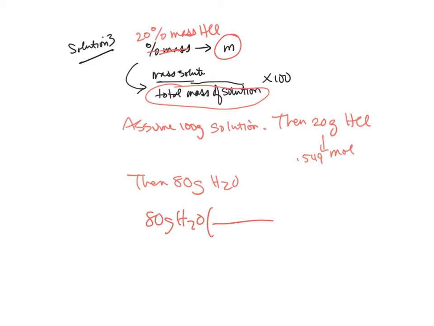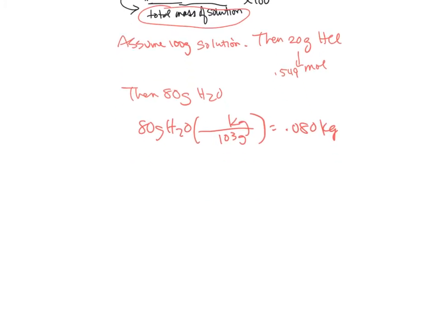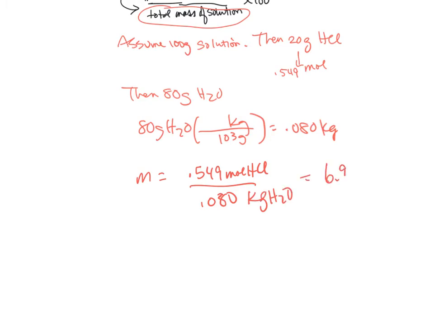It's going to be 10 to the 3rd grams per kilogram, so that's going to be 0.080 kilograms. Then you can put that together. Molality will be equal to 0.549 moles HCl divided by 0.080 kilograms water. And that number is 6.9.